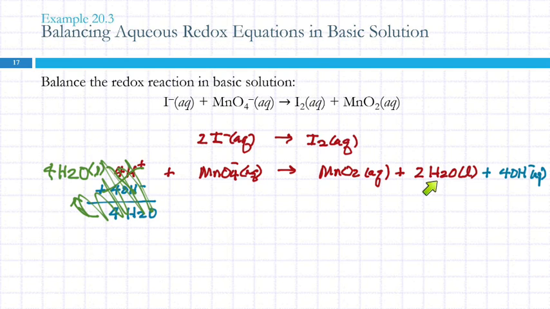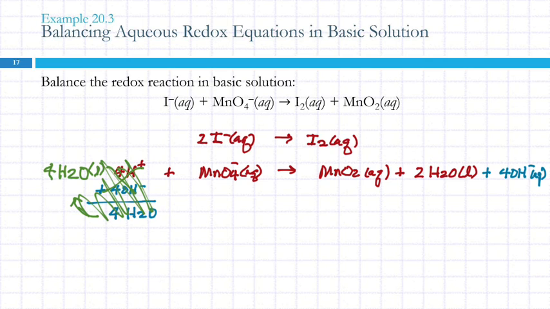So we would want to subtract 2 waters from each side to get rid of them, right? Because we don't want extra stuff in there. You can do that at this point if you want to, or you can wait until the end. Okay? So we are going to balance that, but not by making this into a 4. Does that help?